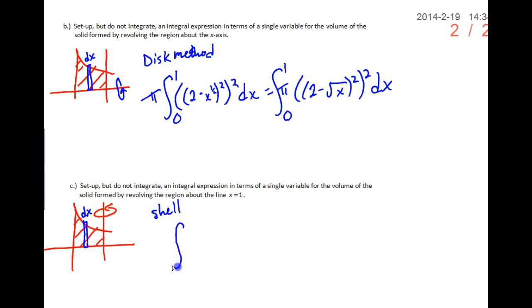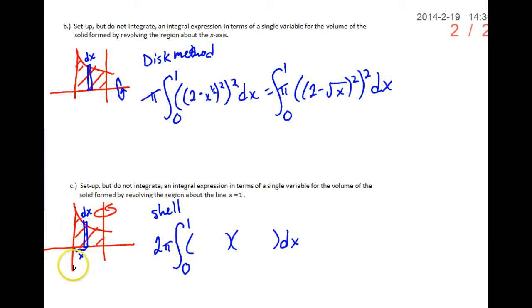So the setup for the shell method, remember, is 2 pi times the integral of the radius times the height with respect to x. So now, if I'm integrating with respect to x, the limits of integration are still going to be 0 to 1. And now I'm thinking about the radius. Remember, any given rectangle is x units away from the y-axis.